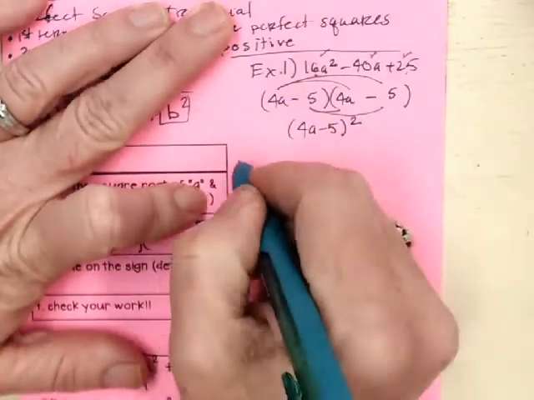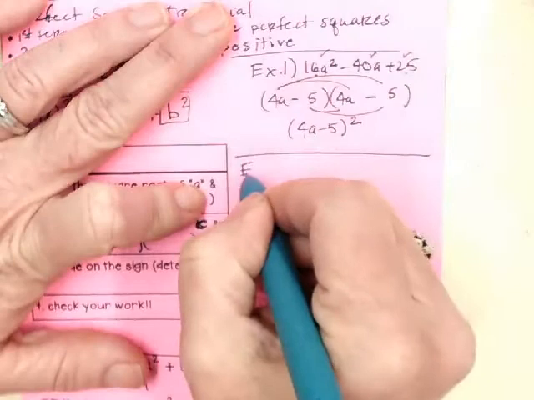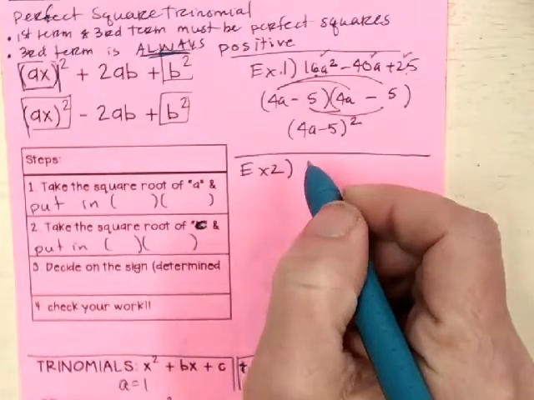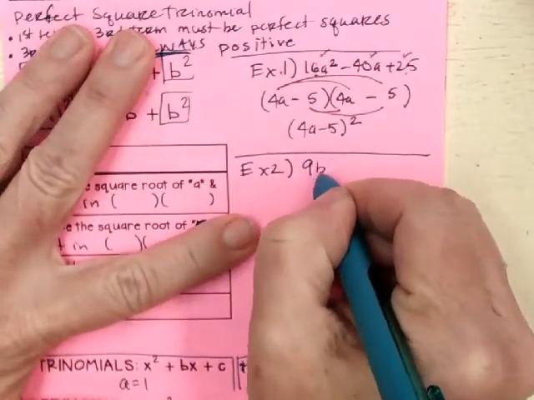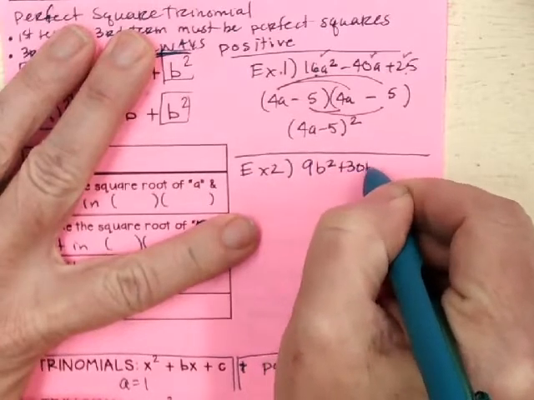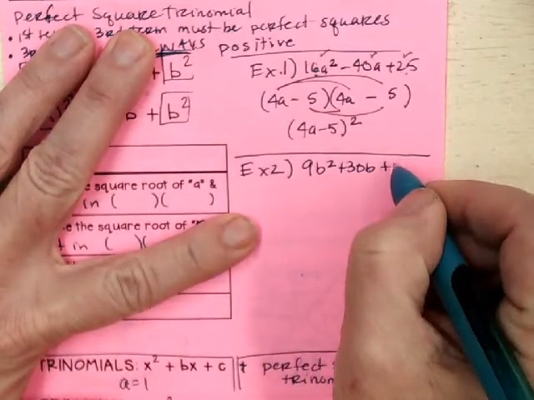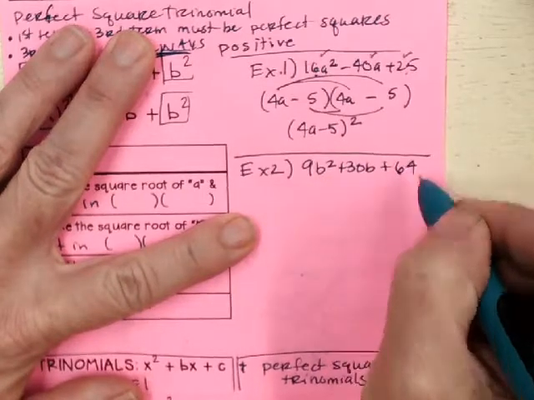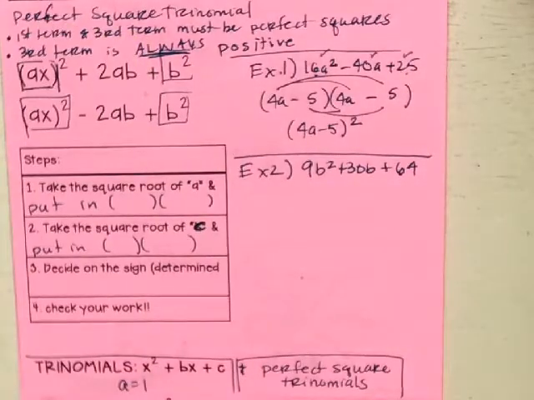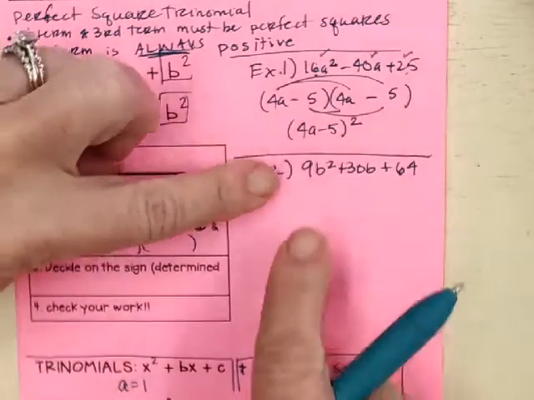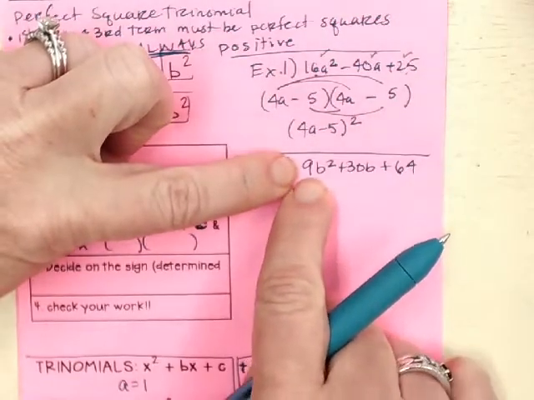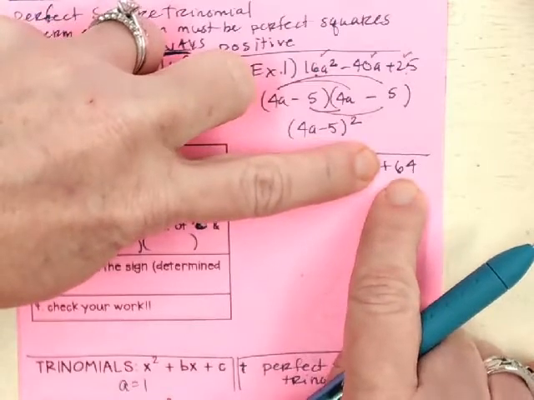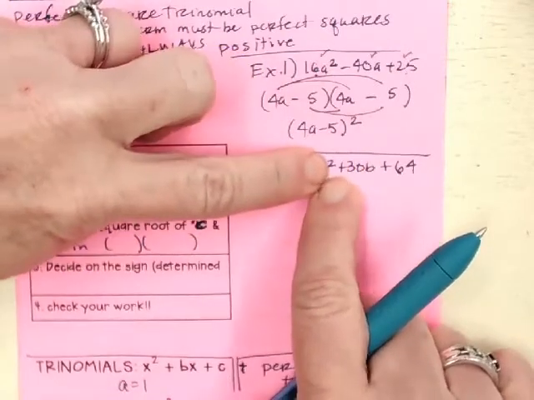So if you get this, and I don't know why you wouldn't, let's do one. 9b squared plus 30b plus, let's do 64. Check it. Perfect square? Yes. Perfect square and positive? Yes. The middle sign is positive.